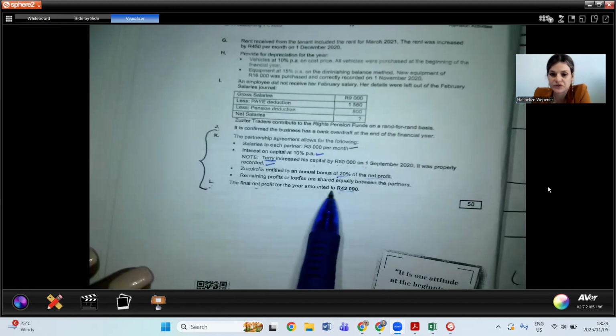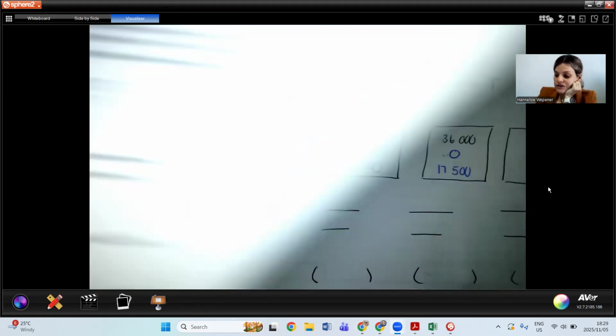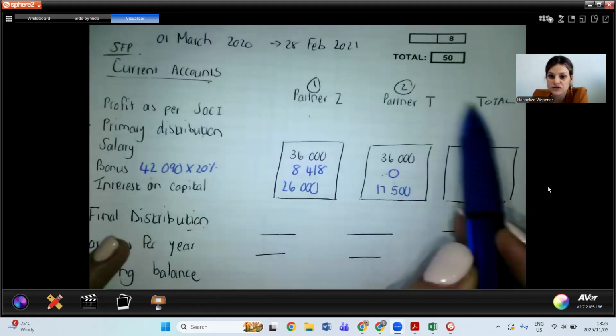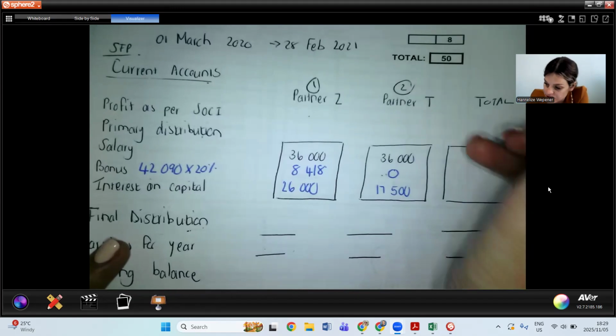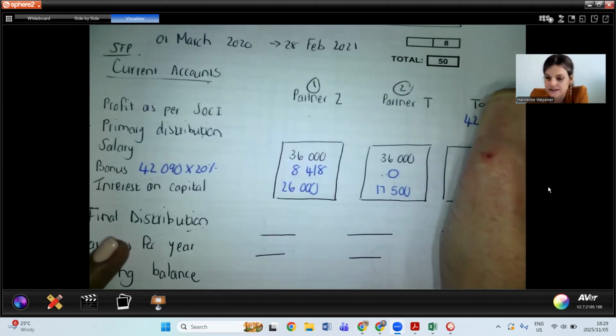And then it says that the final net profit for the year is 42,090. So in other words, your final profit, total profit, as per the SACI, is 42,090.